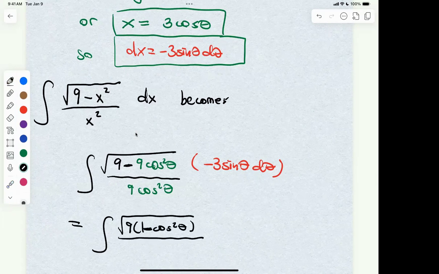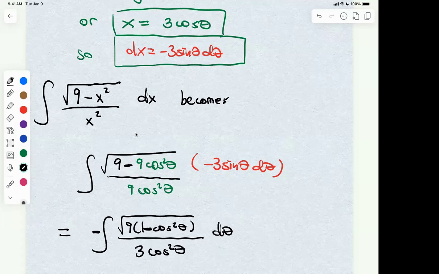There's a 3 here, which can cancel with 3 of the 9, so you get 3 cosine squared of theta. We can take out the negative sign, so that is not bothering us. And I forgot to keep writing the sine of theta, which is still there.